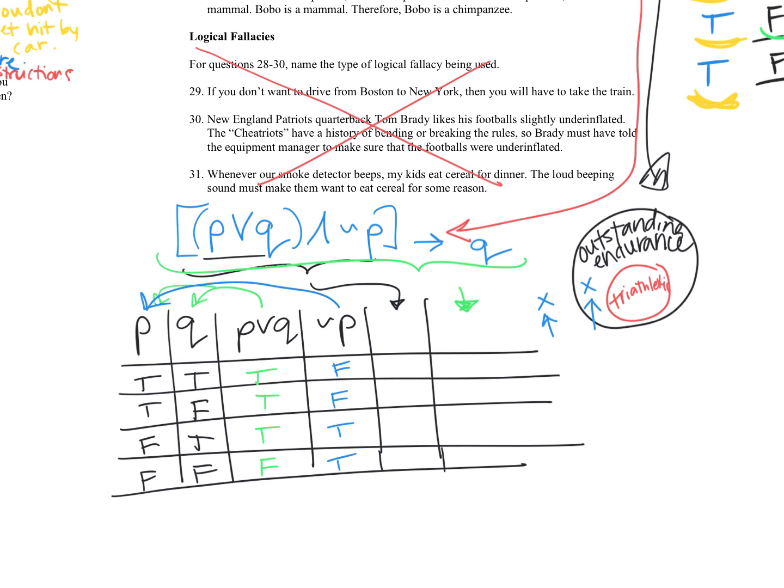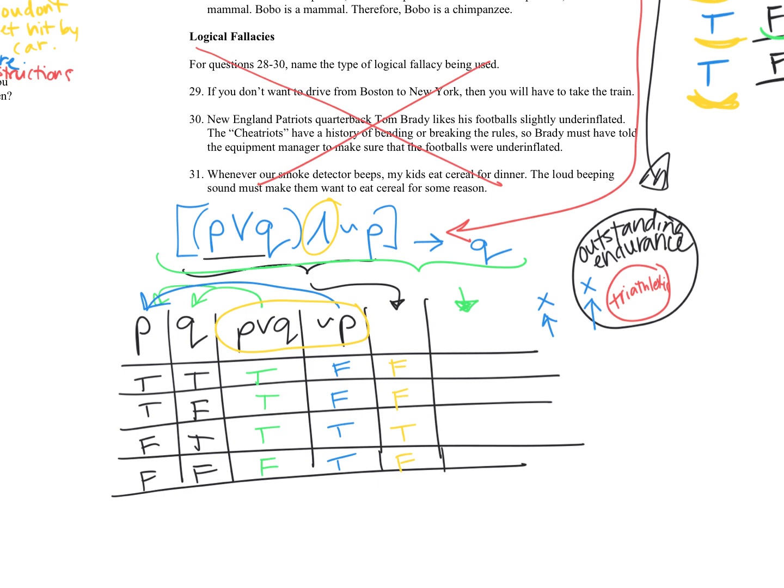So now what we're looking at is the and of the P or Q and not P. So we're kind of combining those together. The only time that conjunction is true is if both are. So we're going to get a false, false, true, and then false. So then last, we want to look at the conditional.